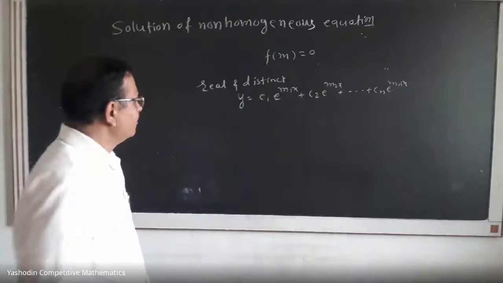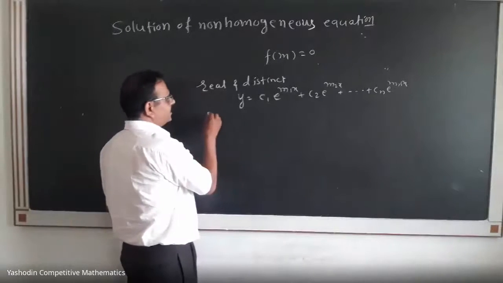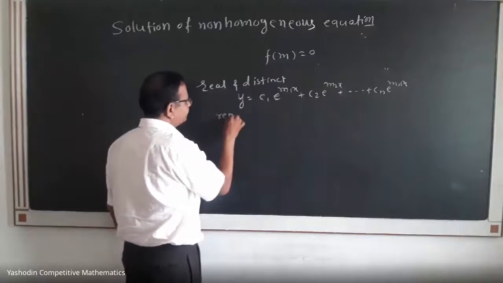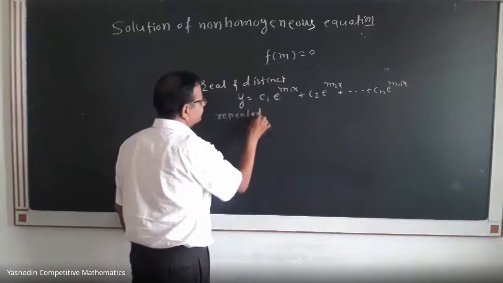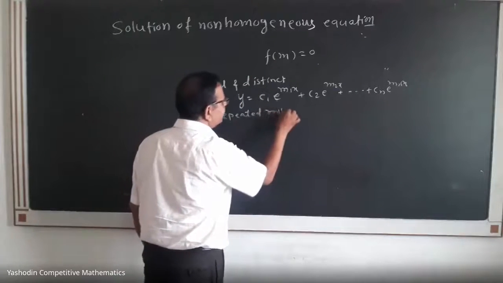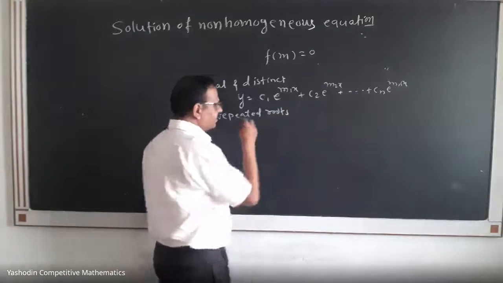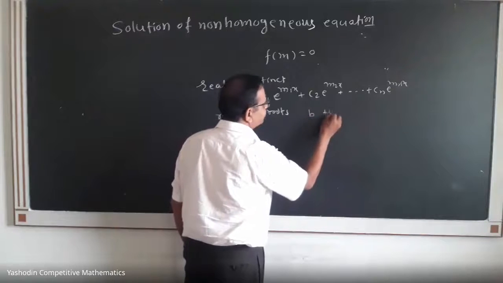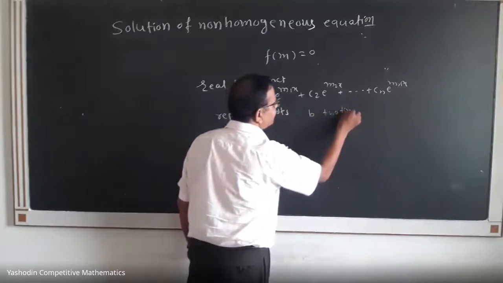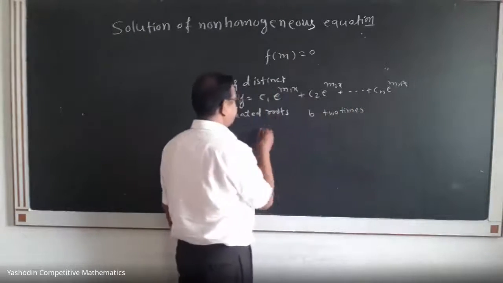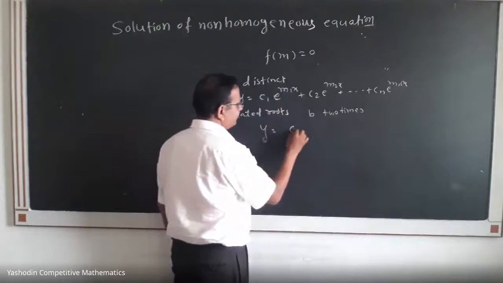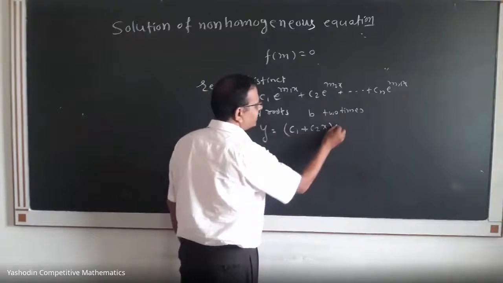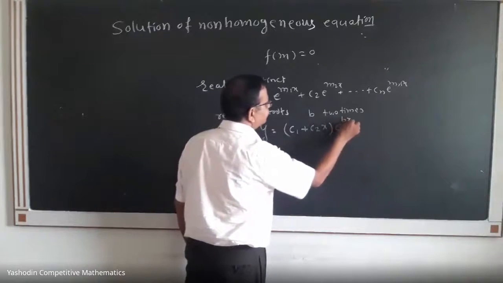Now, we also have seen if the auxiliary equation has repeated roots, then suppose the root b is repeated 2 times. Then y equal to c1 plus c2x into e raised to bx.